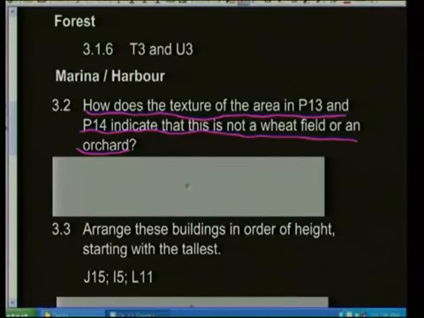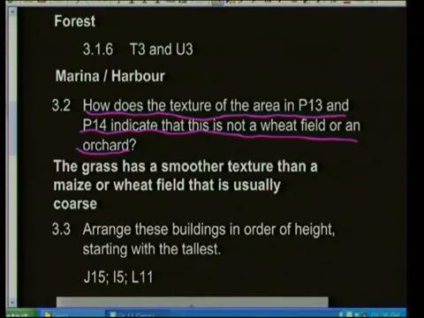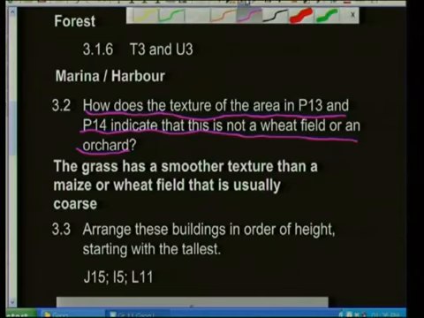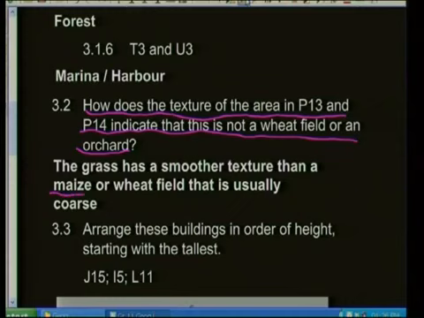I know you would have picked it up already. You see it, a smoother texture, it's finer. With a maize or wheat field, rather than a forest, you're going to see a finer texture, whereas a forest gives you a coarse texture. So again, you can make out whether these are happening.